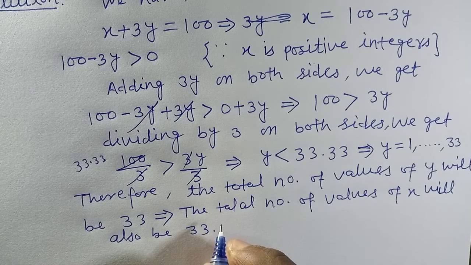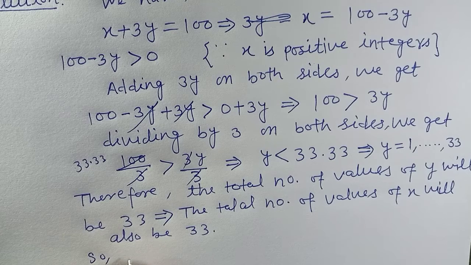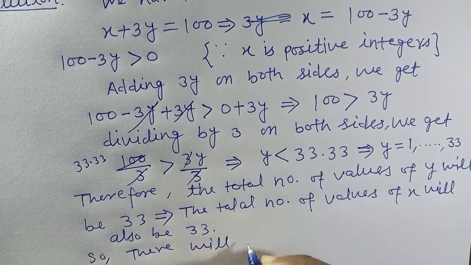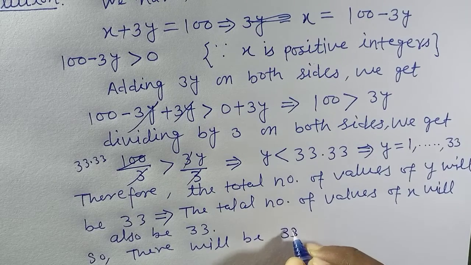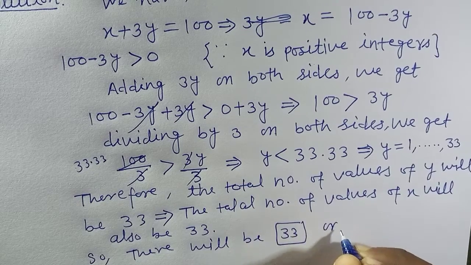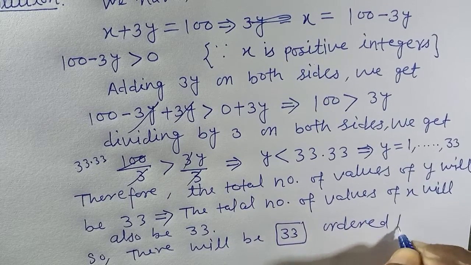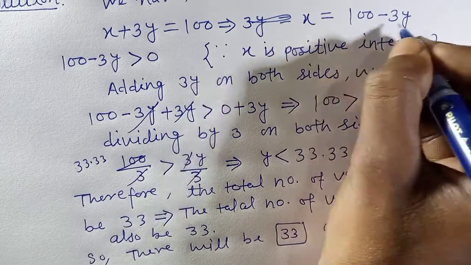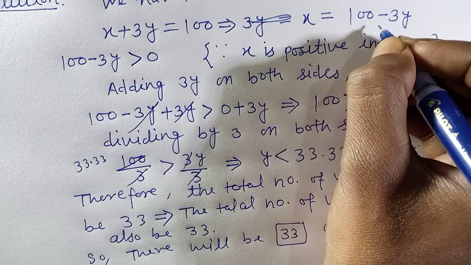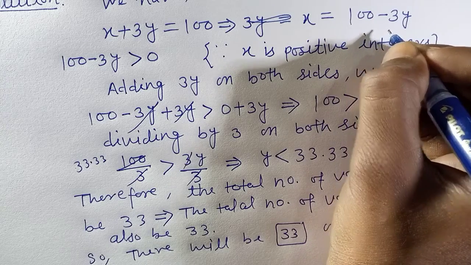So there will be 33 ordered pairs which satisfy the given equation, I mean x equal to 100 minus 3y.